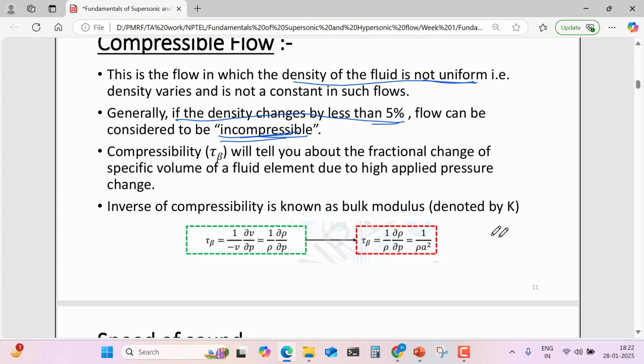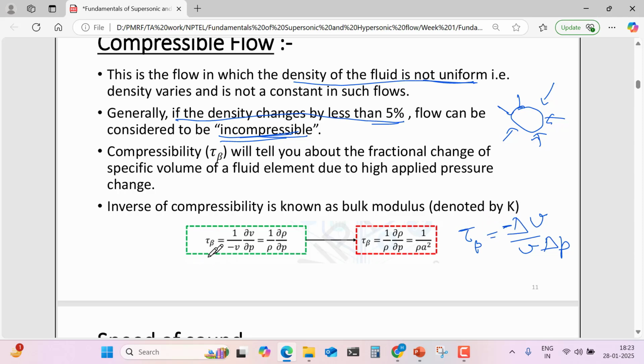If you write it simply, fractional change will be dV by V, and applied pressure can be dP, and the minus sign is here because when you apply pressure to some fluid, its volume will decrease. So delta V will be negative if delta P is positive. So to make it positive, there is one negative sign.